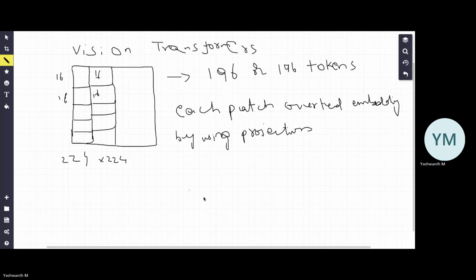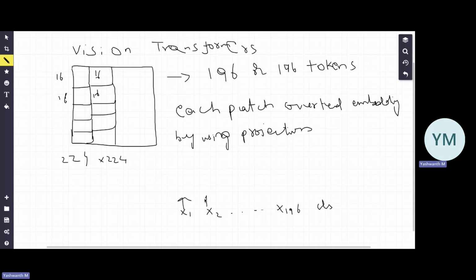The rest of the transformer looks like a typical encoder of the text-based transformers. We have the image tokens x1, x2, and so on, x196, and there is a classification token that is being appended.